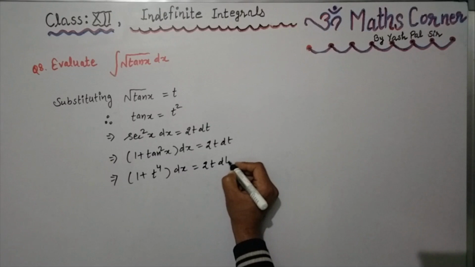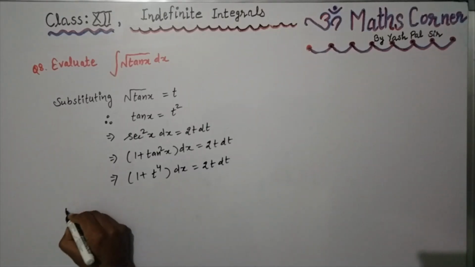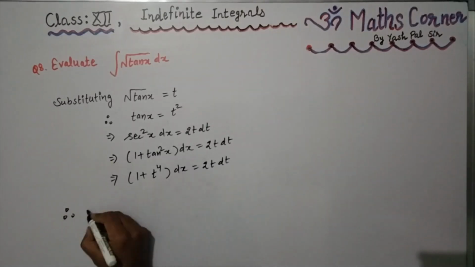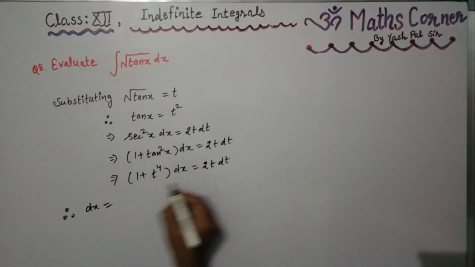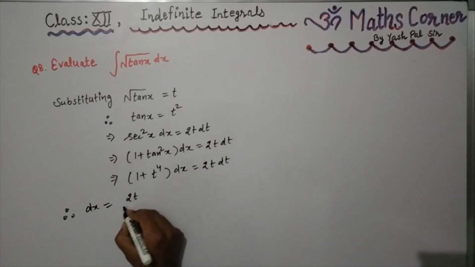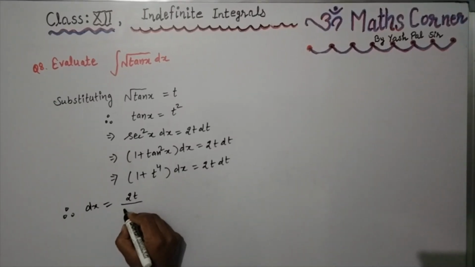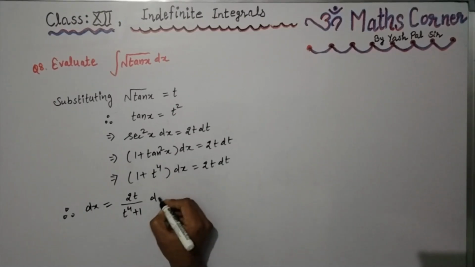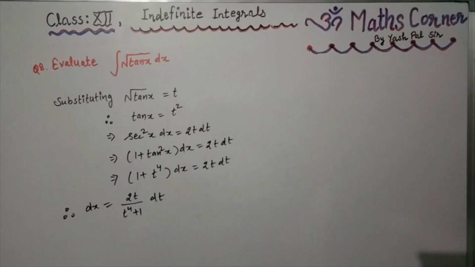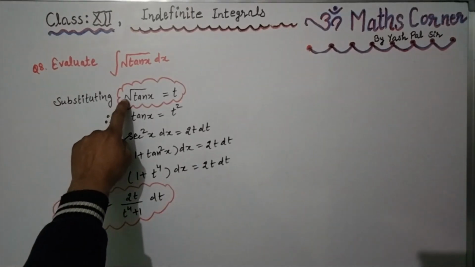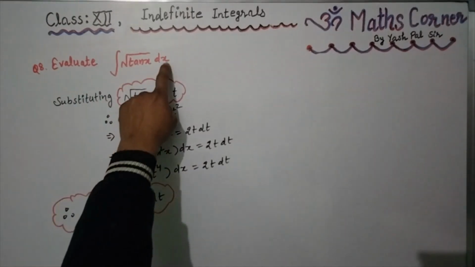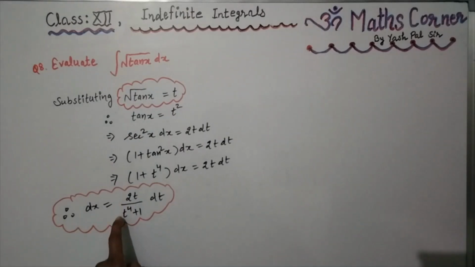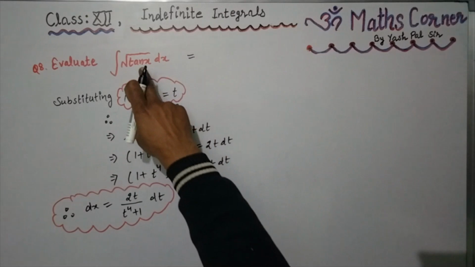Again tangent x is equal to t square, so tangent square x is t raised to power 4. So we conclude dx is equal to 2t upon t power 4 plus 1 into dt.